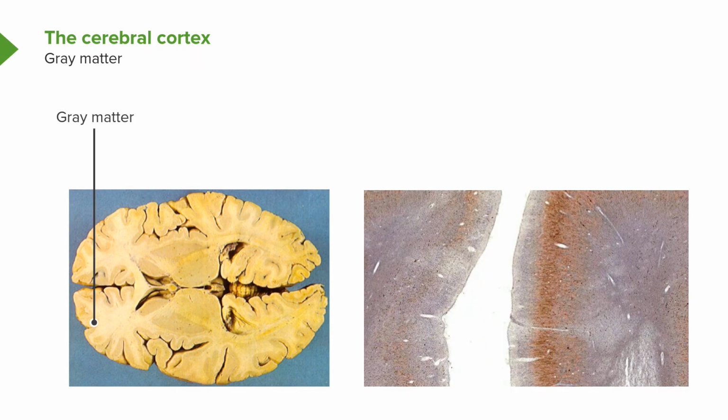So then the grey matter is on the outside and the white matter is on the inside of the brain. And on the right-hand side, you can see a microscopic image of a region taken through the grey matter and the white matter, or the cortex as well. Again, remind yourself that a nucleus is a mass of grey matter within the white matter of the brain.